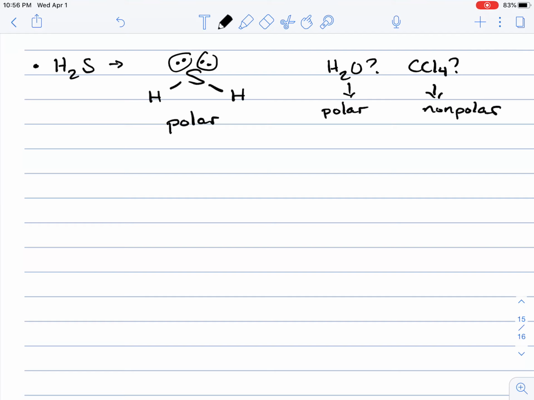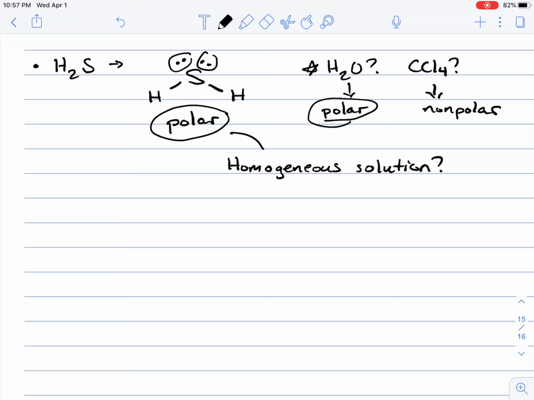So if we wanted to dissolve H2S in a specific solvent to form a homogeneous solution, which solvent do you think we will use? So if you said water, then you are correct. Since water is polar, and since this molecule is also polar, then if you put them together inside a beaker, you get a homogeneous solution. In other words, these two compounds are miscible with respect to each other.